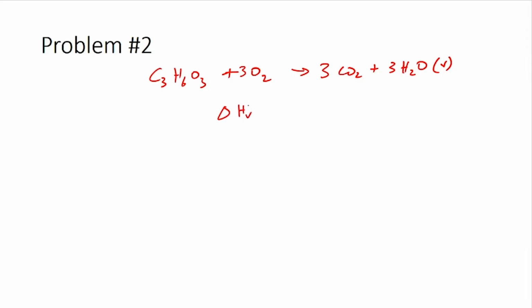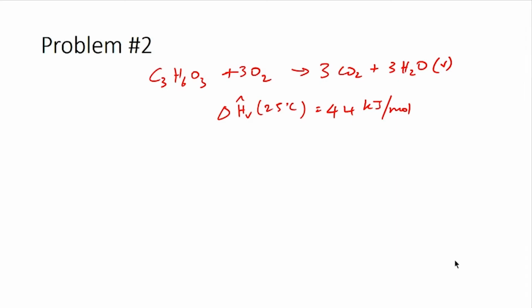The heat of vaporization for water at 25 degrees Celsius is 44 kilojoules per mole. Since we have 3 moles of water being evaporated in the product side, we have to account for that appropriately. Heat of reaction has to be calculated by including the heat of vaporization.